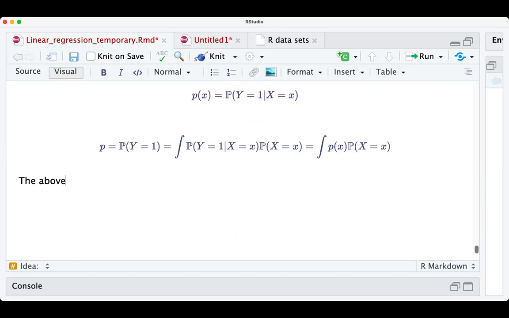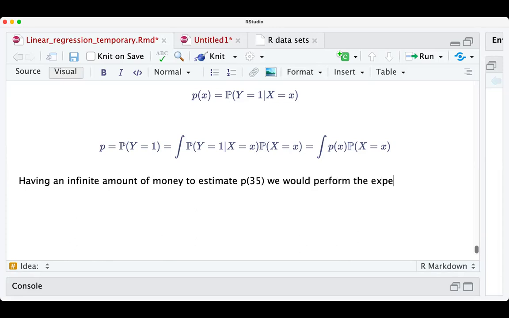So I don't know if the above formula is clear. To estimate p of 35, having an infinite amount of money, we would perform the experiment using informants whose age is, say, 35 plus minus 0.1.